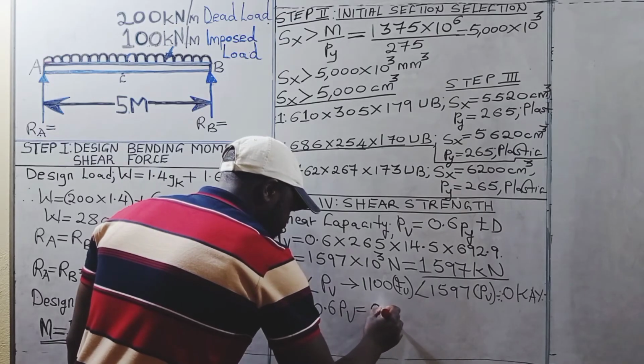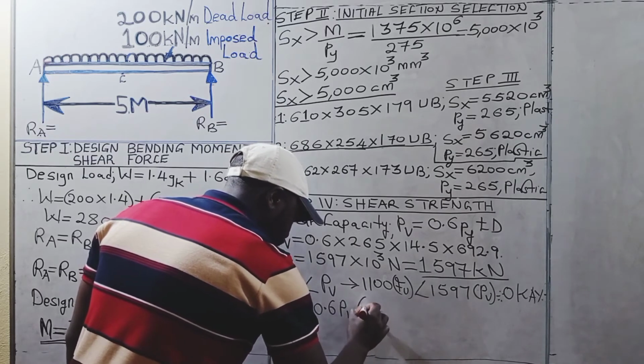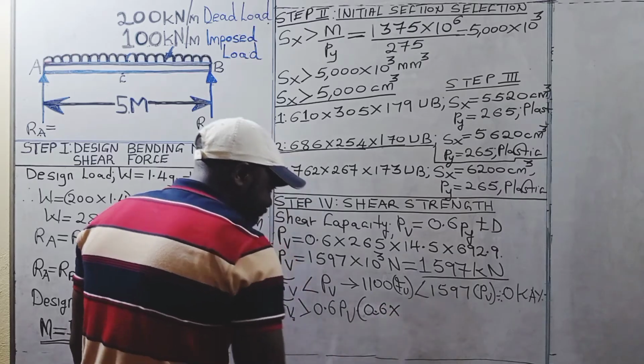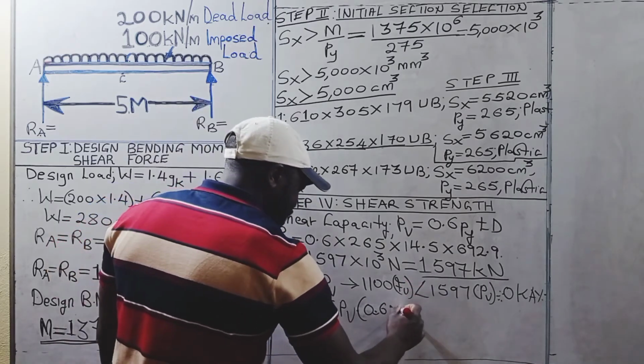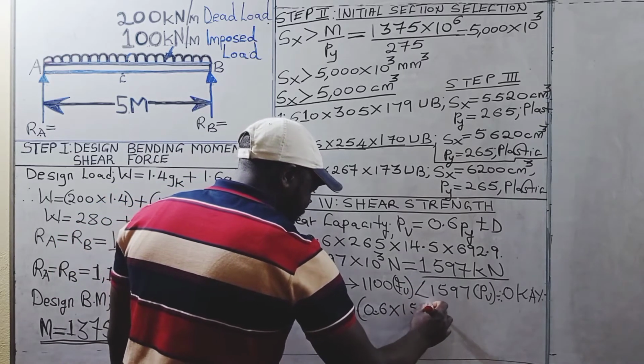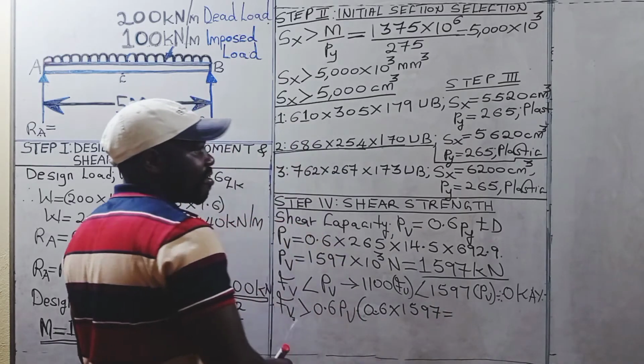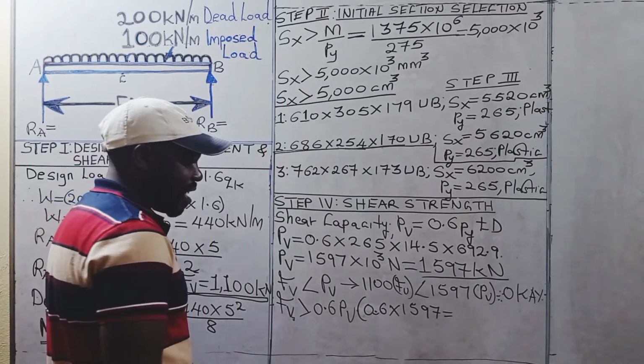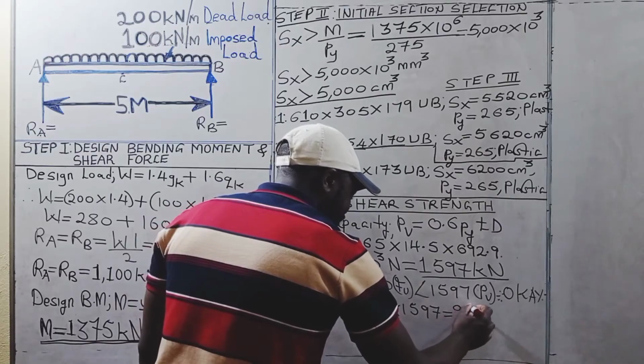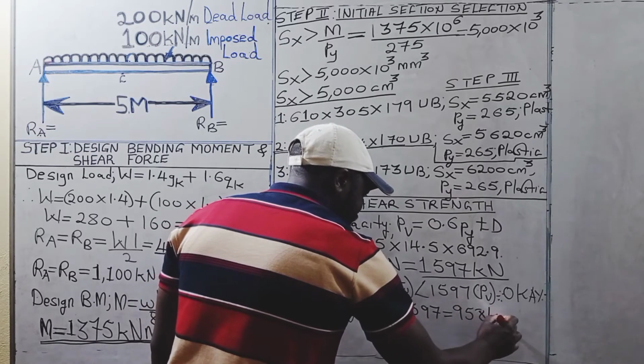0.6 PV happens to be 0.6 times PV, we have it as 1597 kilonewtons, and this is giving us 958 kilonewtons.